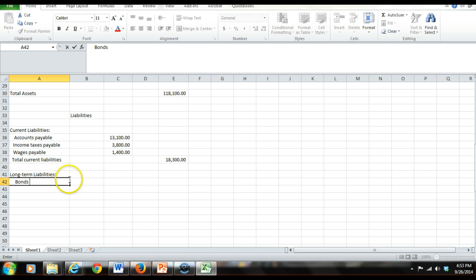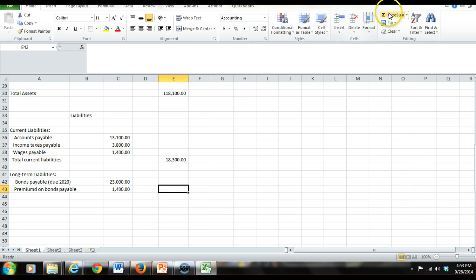So our bonds payable due 2020 begins at $23,000. Our premium on bonds payable includes $1,400 to show our total bonds payable here of $24,400. We've got then our notes payable of $6,000.